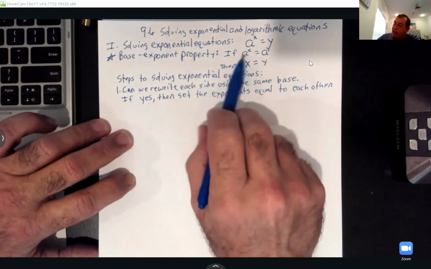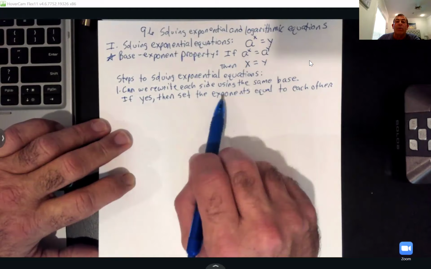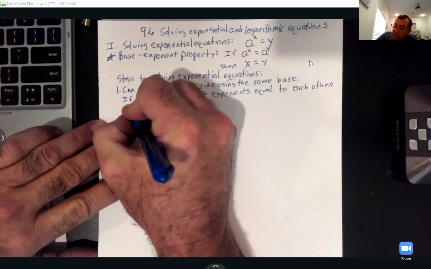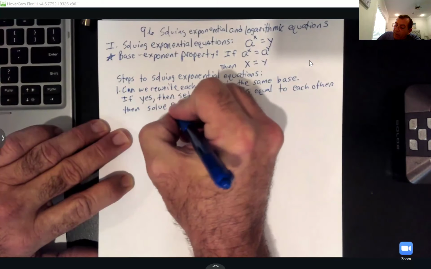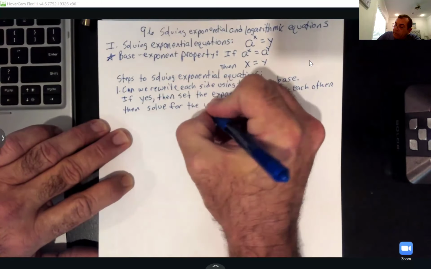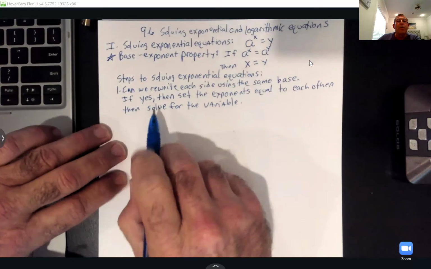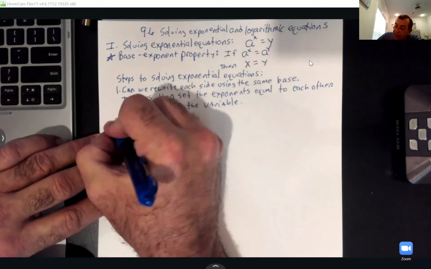Right, that's what we said here. If the bases are the same, then I can set the exponents equal to each other. Then solve for the variable. So they're pretty quick if you can rewrite each side using the same base.